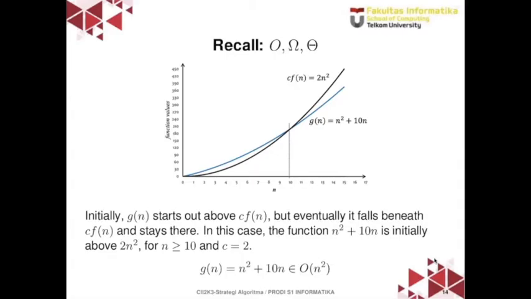So in this case, after some n, which is 0, Gn is always beneath Cfn. So for cases like this, we say that Gn is in big O n squared because Fn is n squared if we see C as 2.